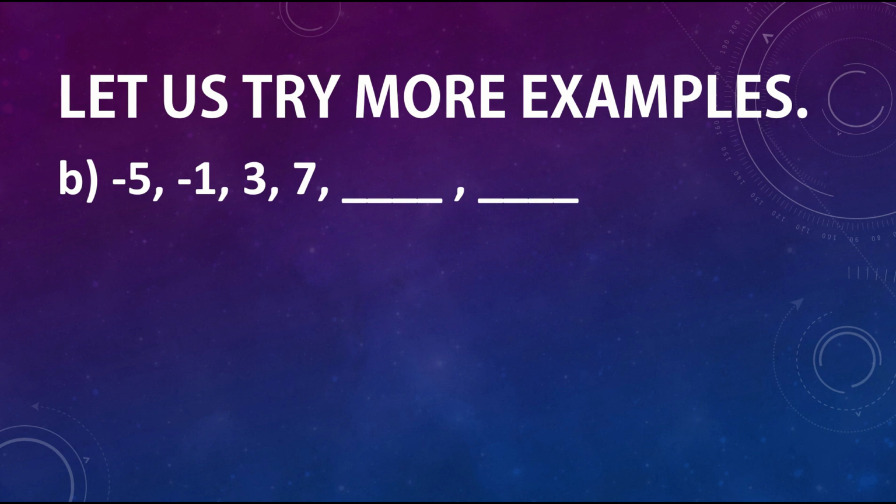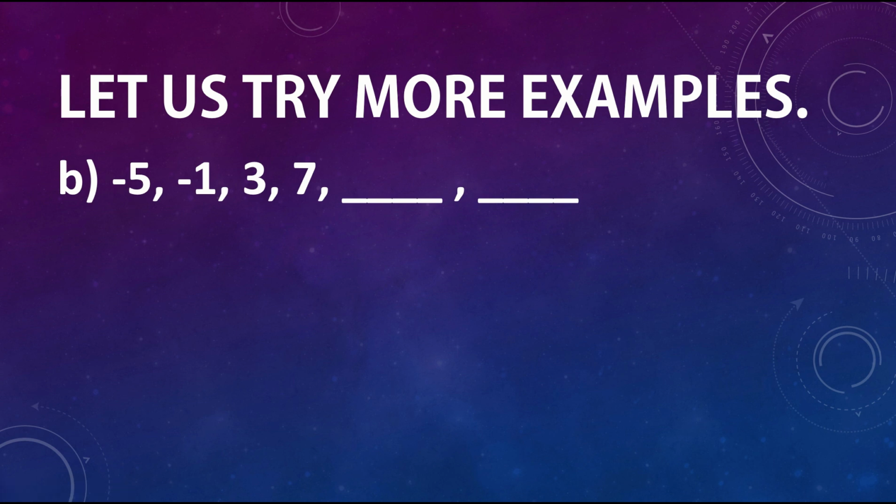Next one, we have -5, -1, +3, and +7. We need to determine again the next two terms of this arithmetic sequence. First, get the common difference. So that will be -1 minus -5.